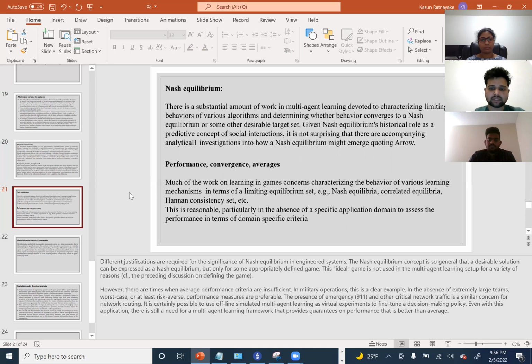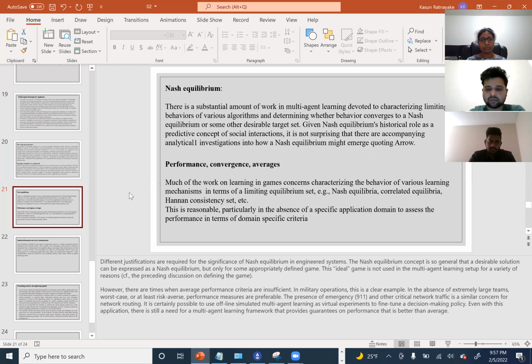In engineered systems, the Nash equilibrium concept is so general that a desirable solution can be expressed as a Nash equilibrium, but only for some appropriately defined games, not for many games.